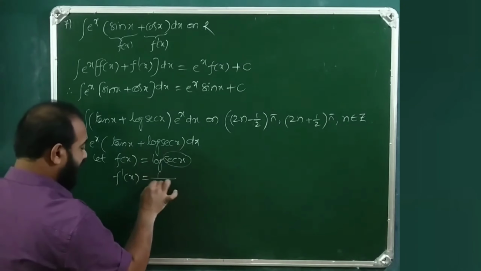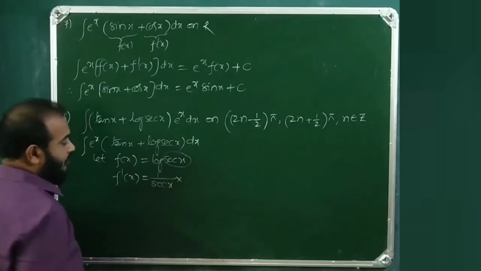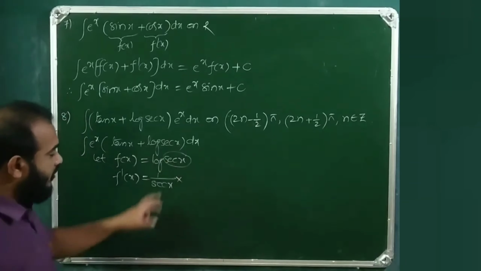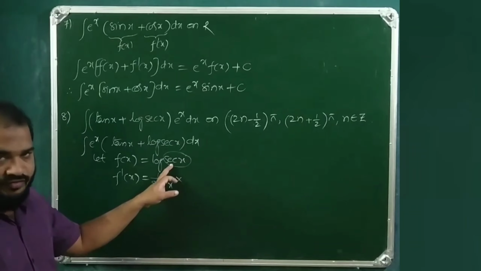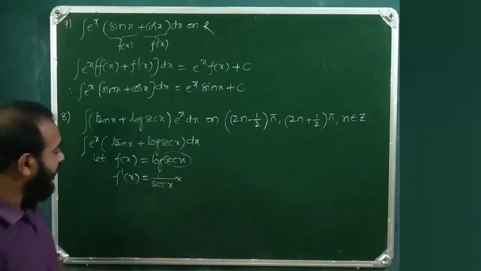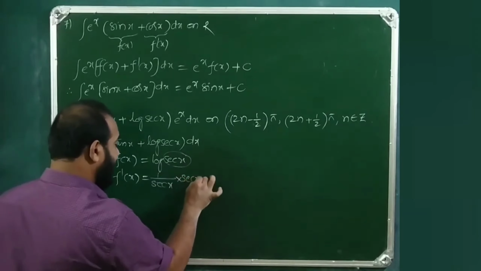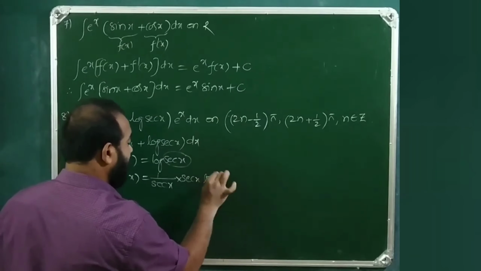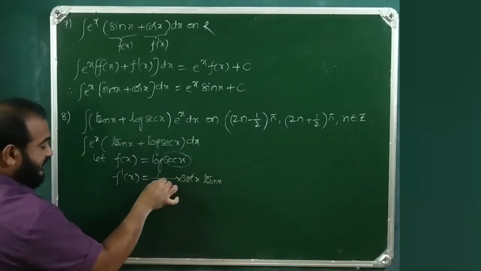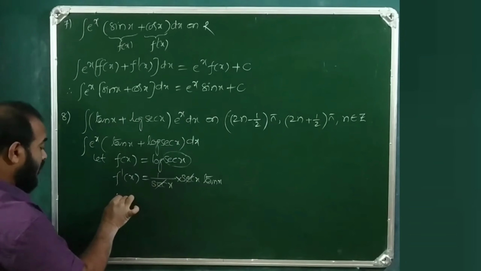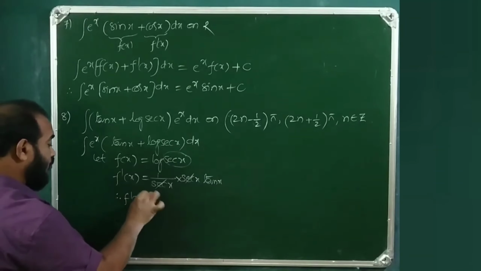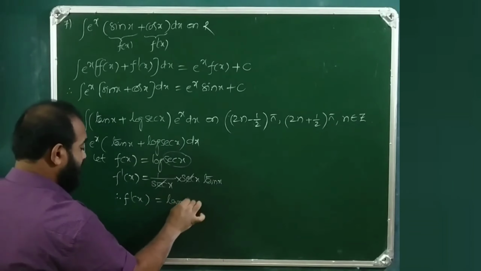So 1 by secant x into, since secant x is treated as x, we need to differentiate it: d by dx of secant x is secant x into tan x. Now secant x gets cancelled. Therefore, f dash x equals tan x.